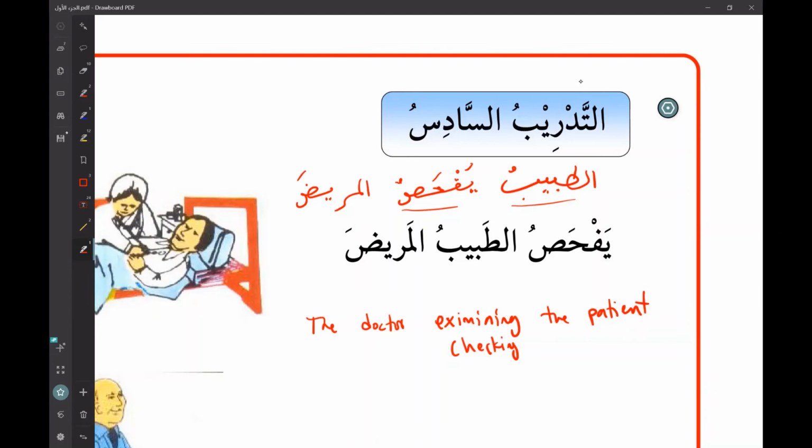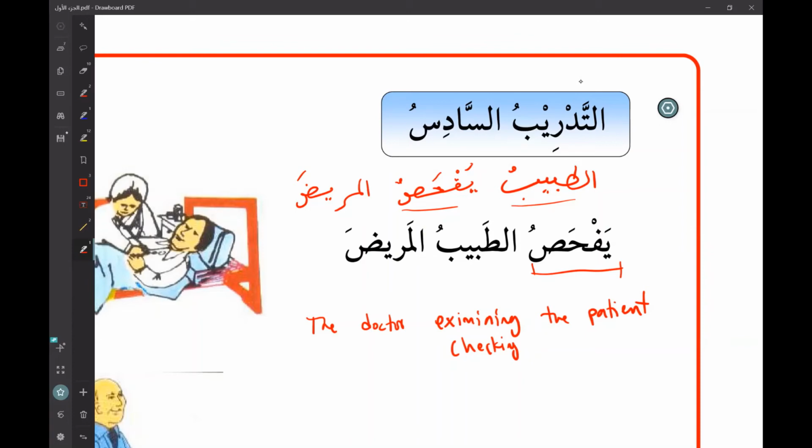Now we have the verb in the beginning: يفحص الطبيب المريض. So what's going on here? In the Arabic language, when you have a verb in a sentence, you can start with the verb or you can start with the noun. Both of them are allowed.